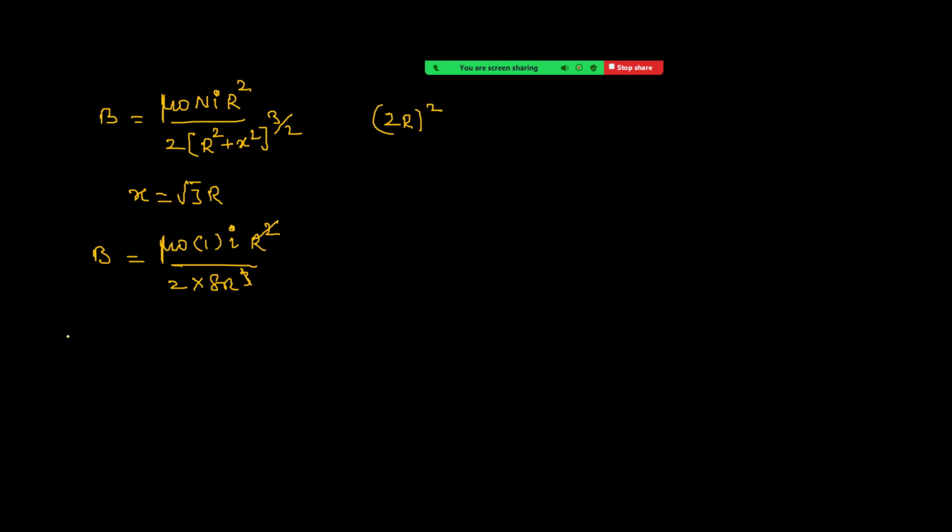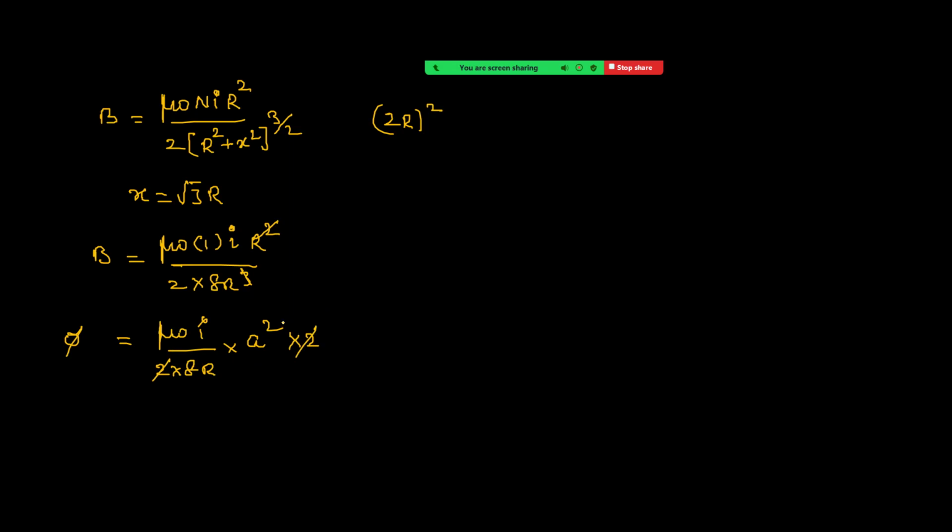Now coming to flux. Flux equals B into A. That is μ0 I by 2 into 8r into the A value. The area is a², and the number of turns given is 2, so into 2, and the 2 cancels here.